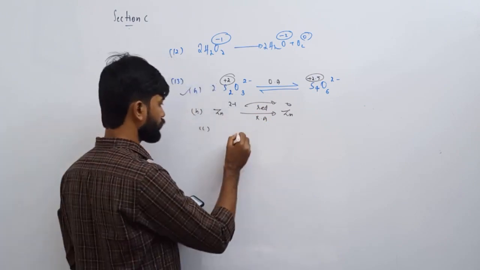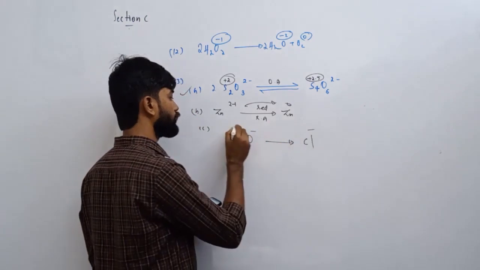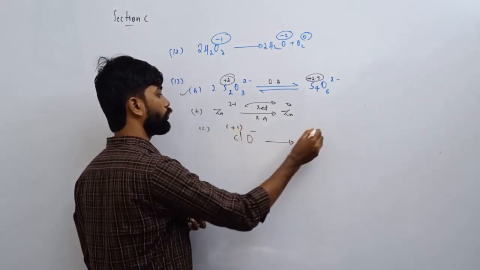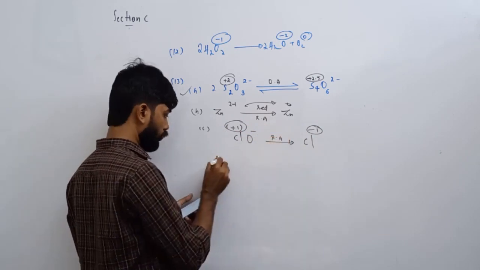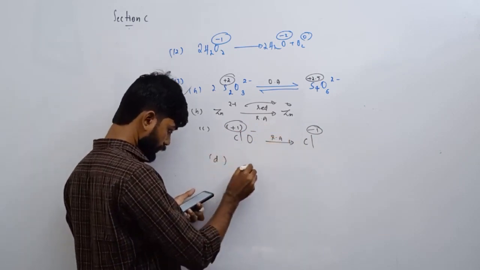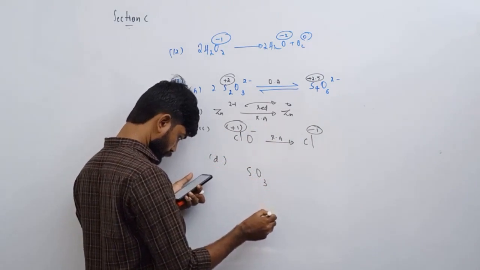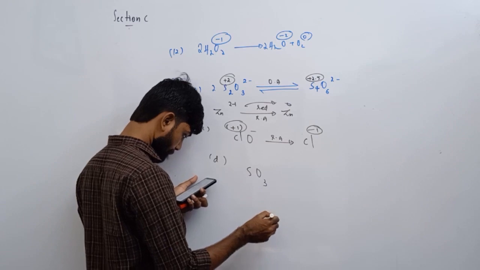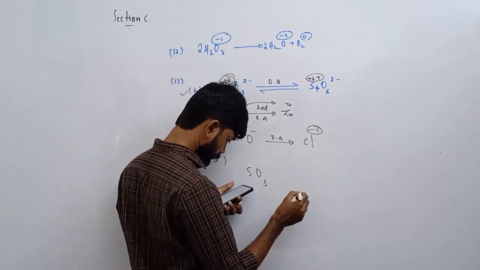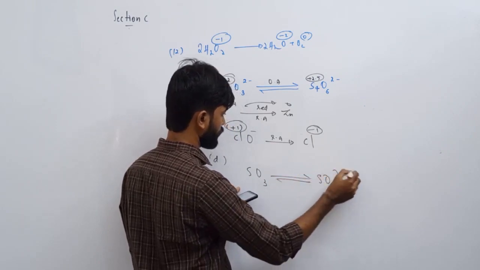The next is ClO- becoming Cl-. What about the change from +1 to -1? This is also a reduction, so it requires a reducing agent. What about D? SO3 2- to SO4 2-.